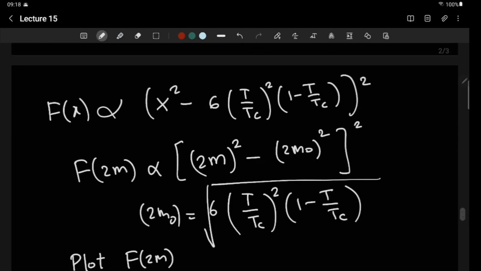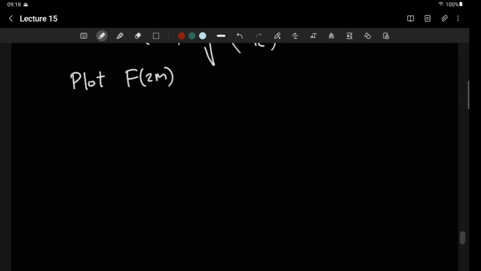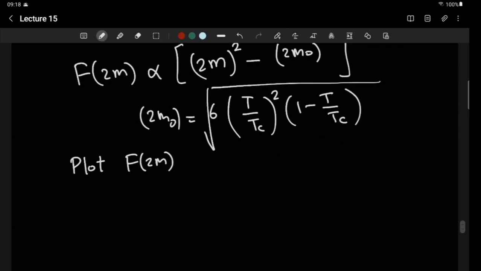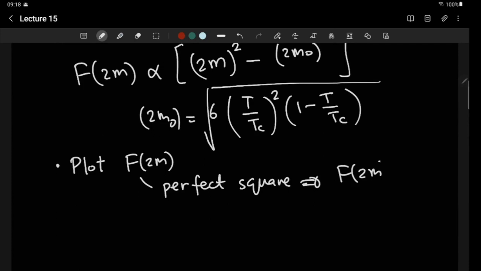First thing is, you see it's a perfect square, so it's a positive number. It's always positive. So it's a perfect square, which implies f of 2m is always greater than or equal to 0.